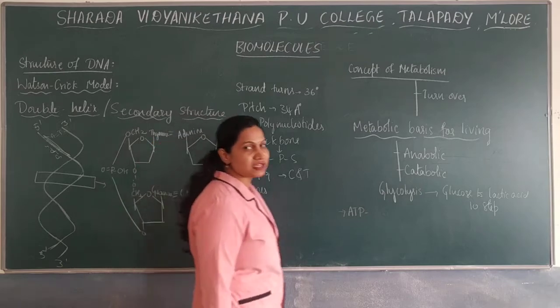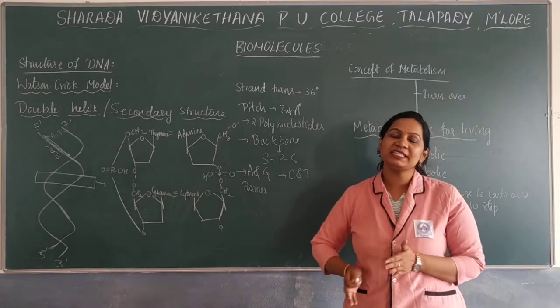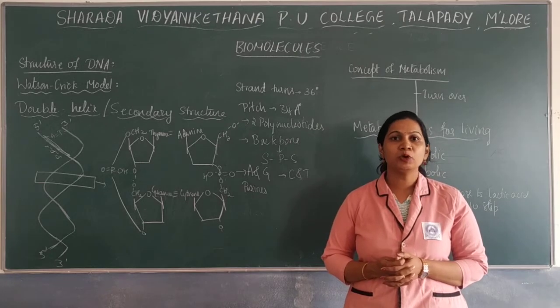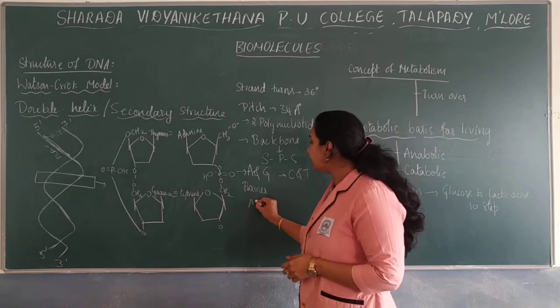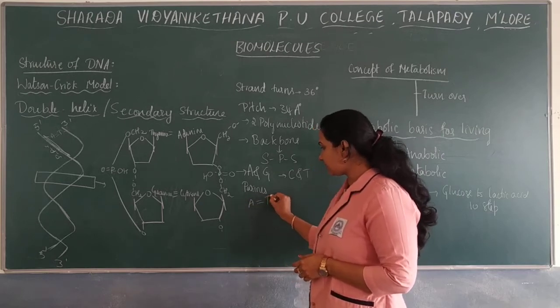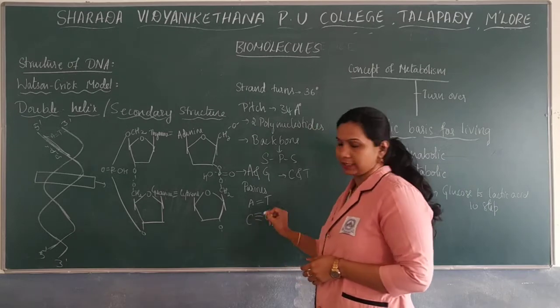In the structure of DNA, the purines are always paired with the pyrimidines, where adenine always pairs with thymine, and cytosine always pairs with guanine.